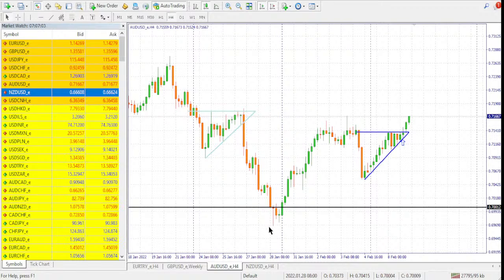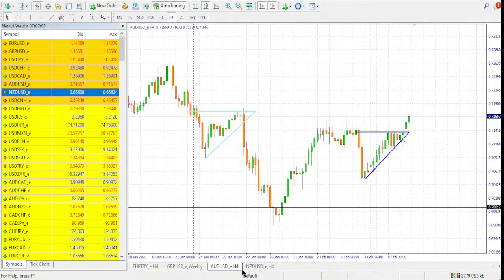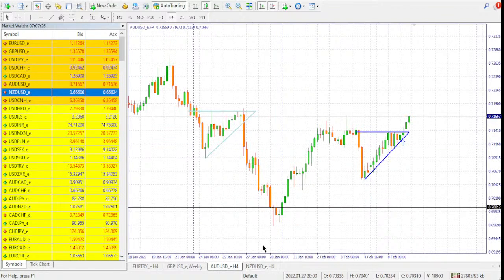Since these two are positively correlated, you don't just enter one and leave the other, and you don't just exit one and leave the other. When the candles begin to get below this low, you check and ensure that the same thing is happening here. If we are below this low and also below this low, then we step out of all those trades.